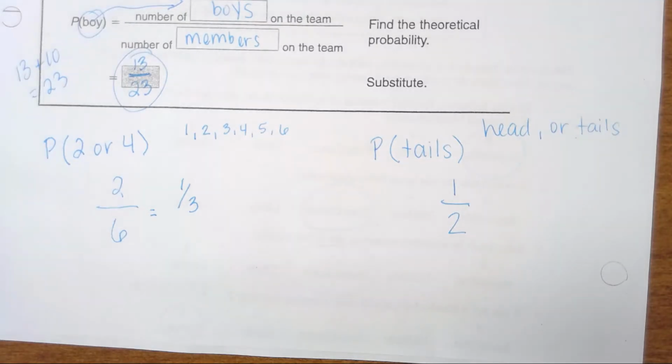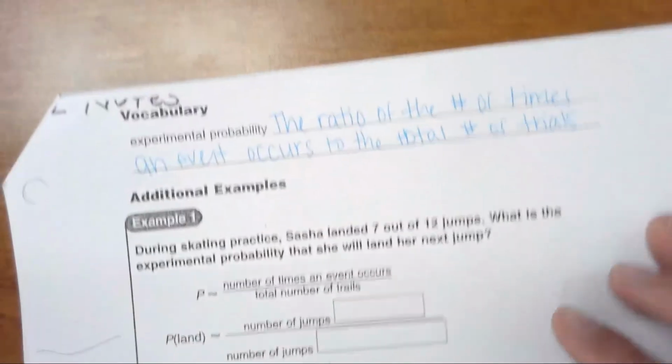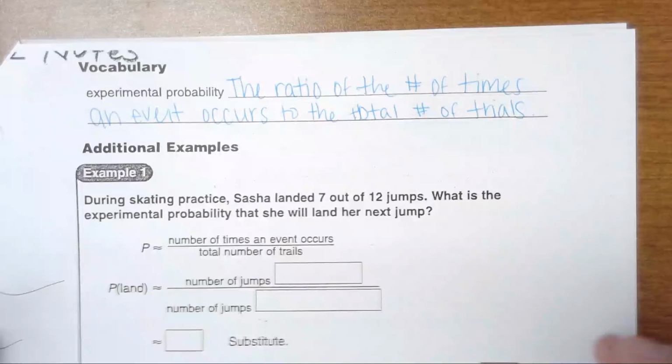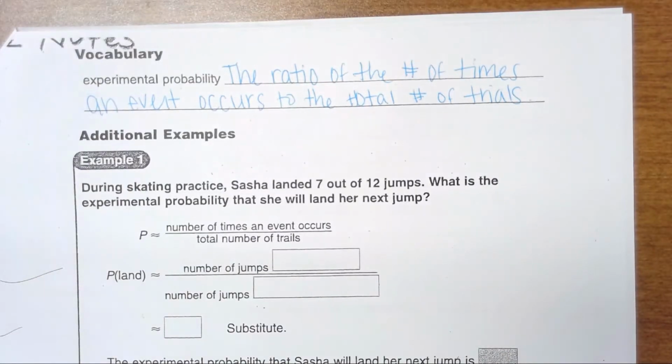Okay, so that's what we mean by theoretical probability. Theoretical probability means what's supposed to happen. So the actual probability of the likelihood that something will occur. Okay, because when we get to experimental probability, it's the probability of what happened in the experiment.